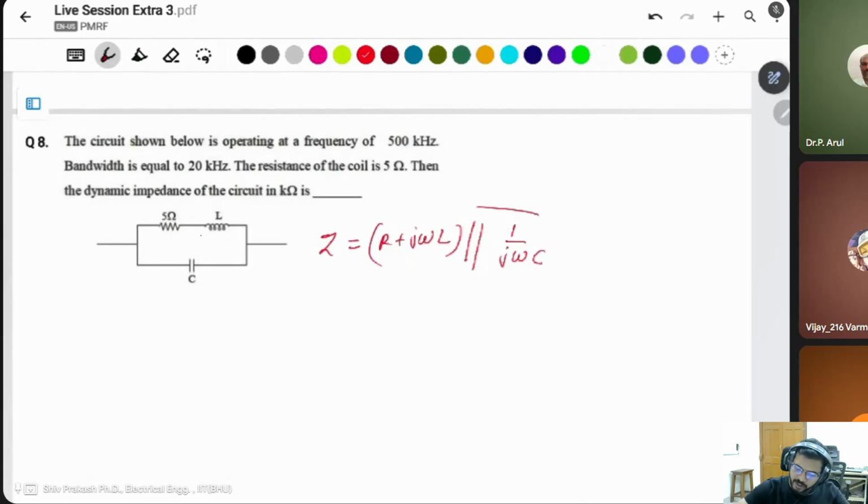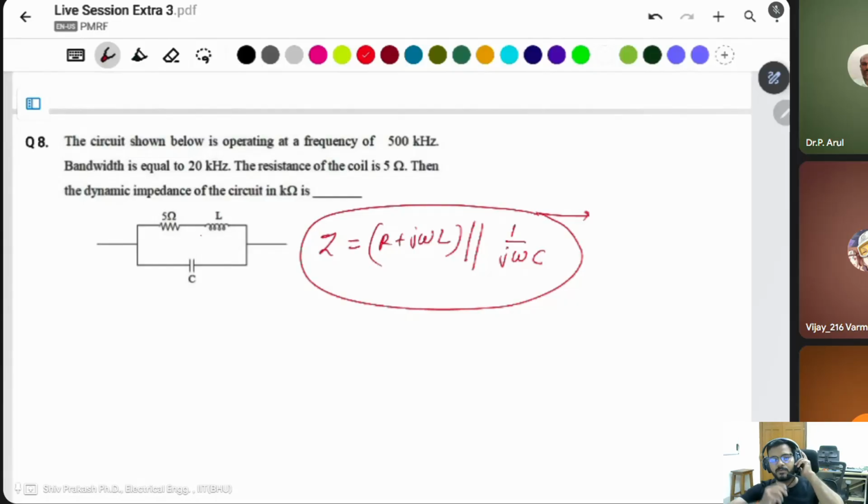If you solve this one, it will take a long time. It will take a long time to find the resonance frequency, and after that we have to find the dynamic impedance at that frequency. Then what is the simple method?